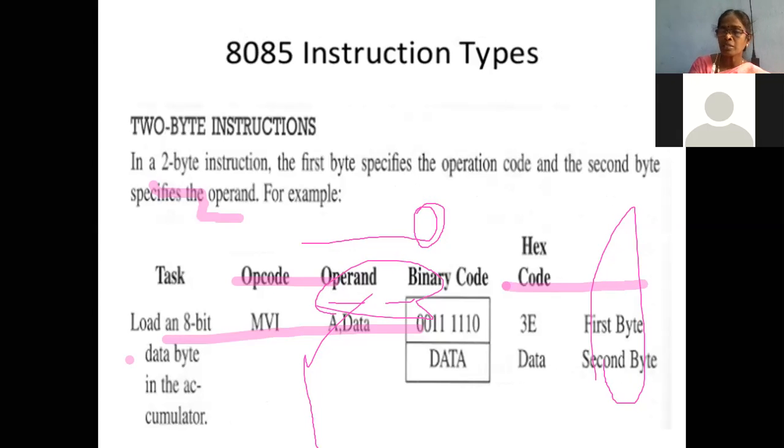For executing these instructions, 2 hex codes are required, so these are called 2 byte instructions.